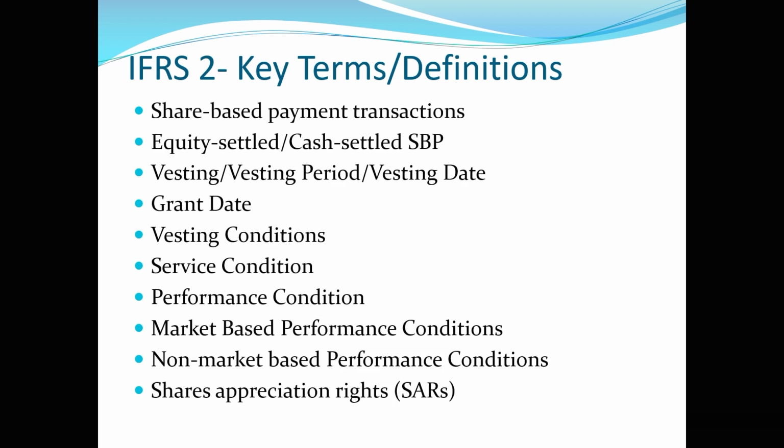So that's the difference. In an equity settled share-based payment transaction, the entity will pay by issuing shares or share options. But in a cash settled share-based payment, the entity will pay cash with reference to the equity price. So that's why it is a share-based payment transaction.